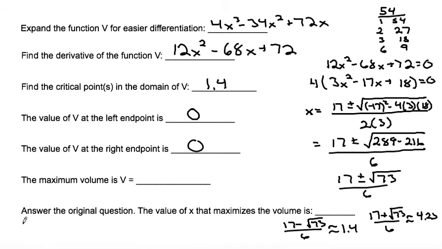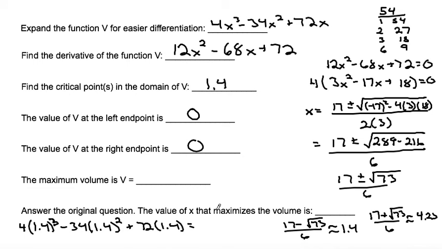That would be 4 times 1.4 cubed minus 34 times 1.4 squared plus 72 times 1.4. Let me plug that into my calculator.